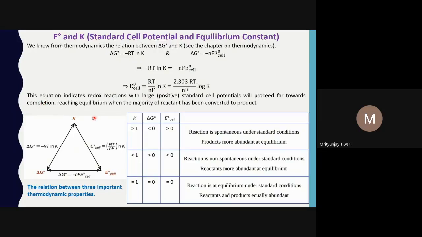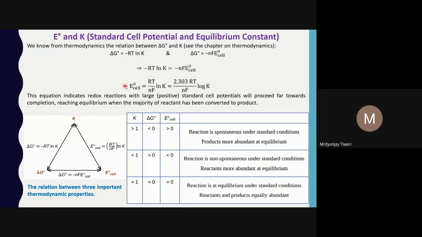Again, I will repeat it. This equation, E naught cell is equal to RT by NF ln K, indicates that redox reactions with large positive standard potential E0 cell will proceed forward towards completion. How?